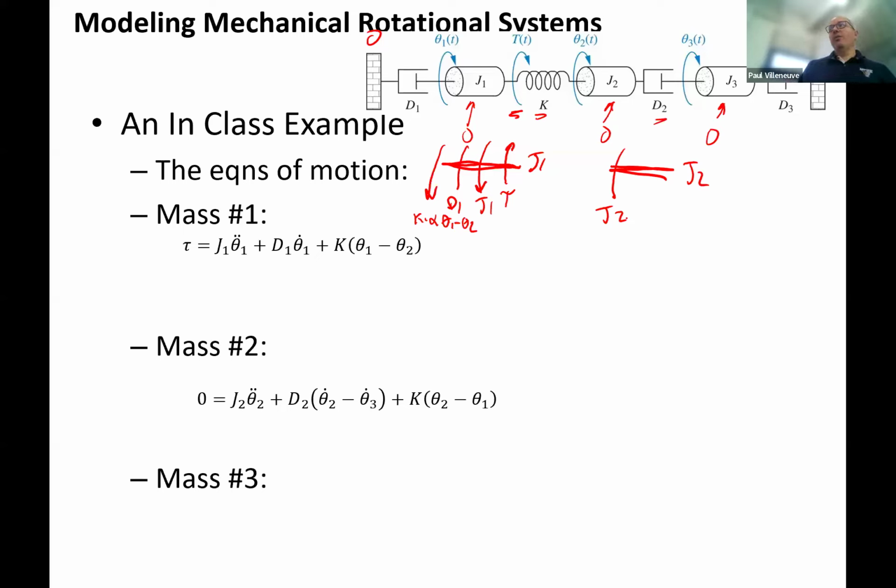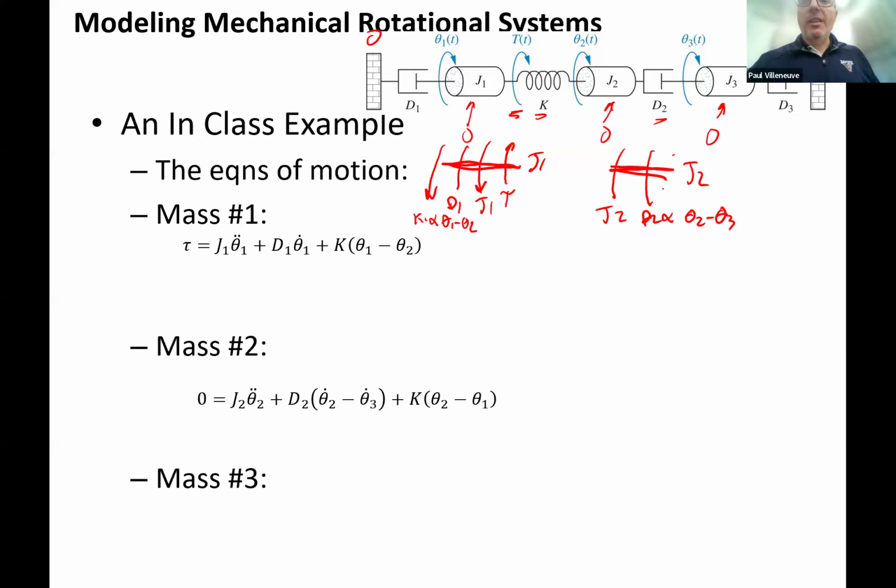Because the other two torques, the damper is between two rotating parts. And again, the damper is going to be causing an opposing torque if theta 2 is rotating faster than theta 3. So this is D2, which is proportional to theta 2 minus theta 3.